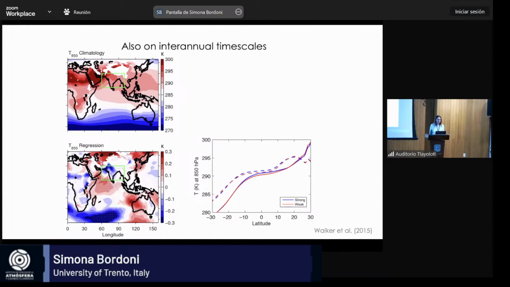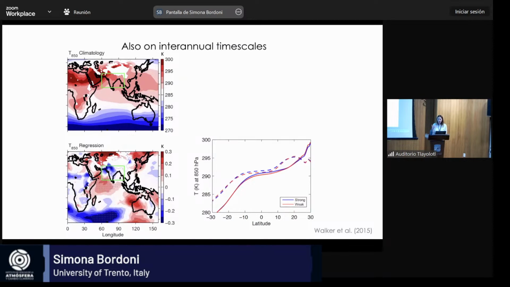And so you see that a year with a strong monsoon is characterized by weaker temperature over land and larger temperatures over the ocean. So if we now take a zonal mean in this sector, this is what those meridional temperature gradients would look like. The blue, strong monsoon year, the red, weak monsoon year. Again, there is no evidence that a strong monsoon year is associated with a stronger meridional temperature gradient. In fact, it's the opposite.